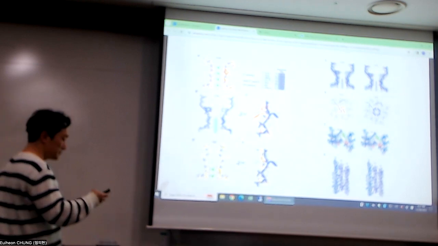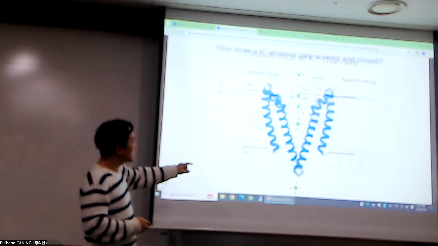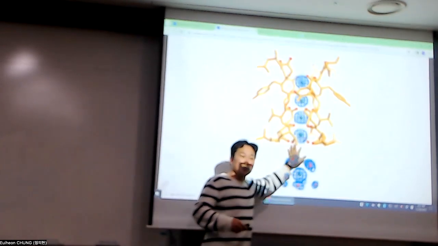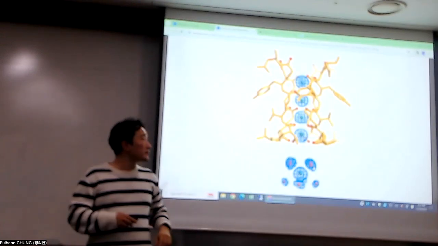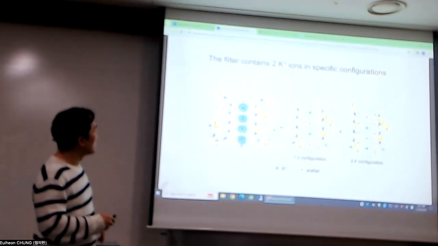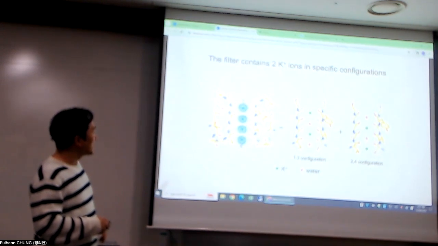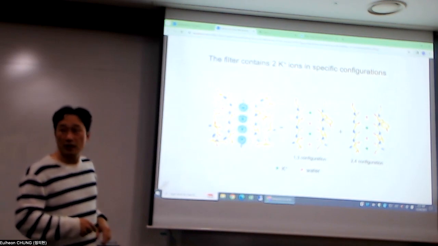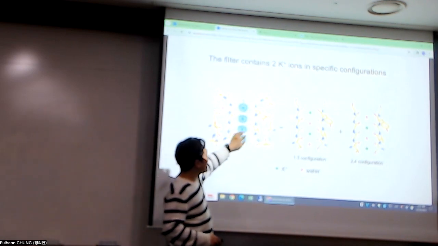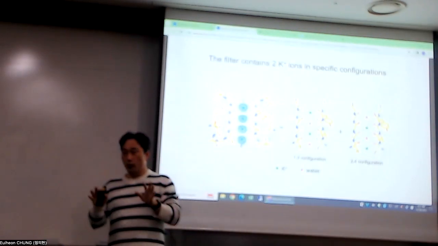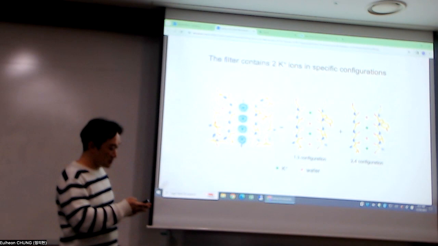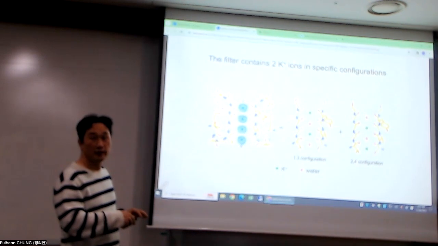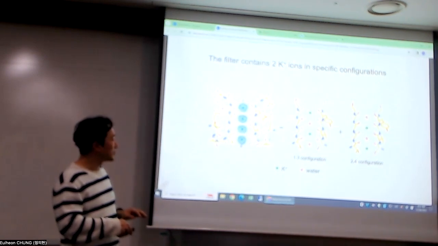It's not just because of this molecular environment, but also the combination of the filling probabilities inside these chambers, which means these 4 chambers within the potassium channel are always alternatively filled with potassium ions. Okay, 1 and 3 or 2 and 4 configurations.